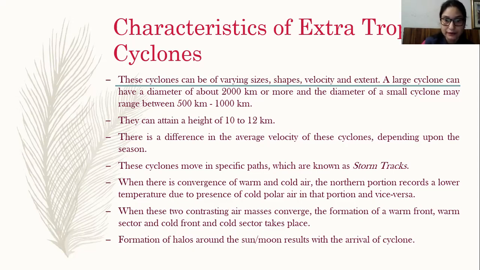It is like a small circular halo that is formed around the sun and the moon, and this is generally formed by the veneer of the clouds. Whenever this type of condition can be seen in the atmosphere, in the sky, then we are able to say that now the cyclone is going to arrive.